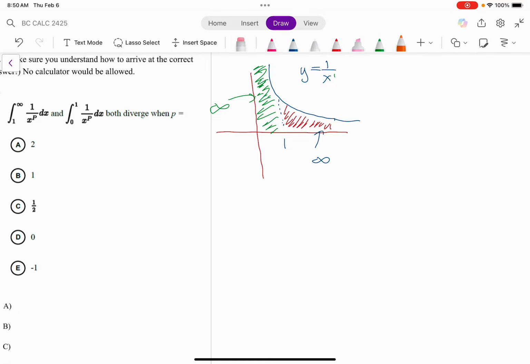When p is bigger than 1, what happens is, okay, it's thicker here and then thinner here. So this converges to something, and this will diverge.